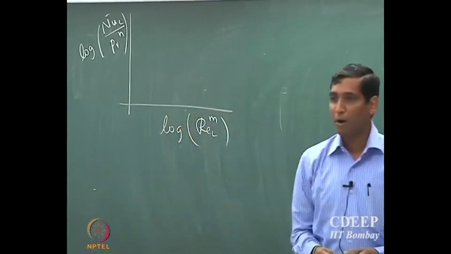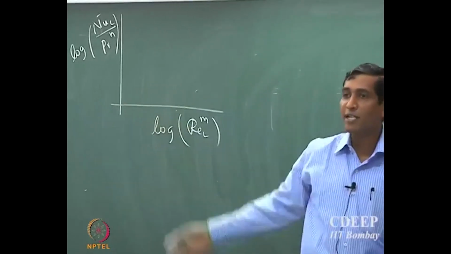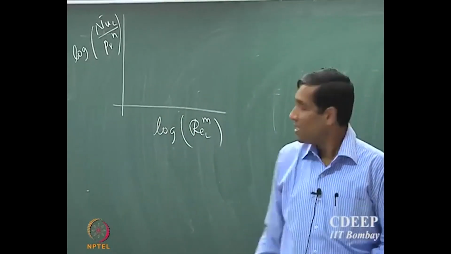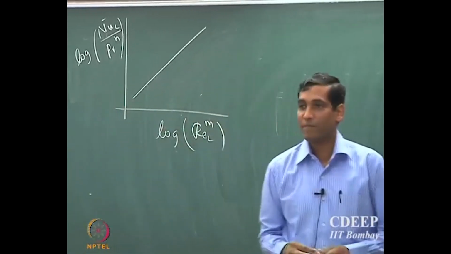So let's try to make a plot, because they got some insight from the Chilton-Colburn analogy, and they made a plot of this sort, and then you get some sort of a straight line relationship.